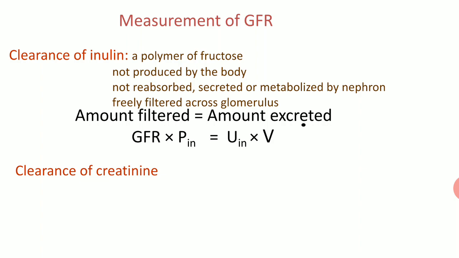Creatinine is normally produced by the muscle proteins, and it is also a waste material for the body, and it is totally cleared by the kidney into the urine. So clearance of creatinine can be an alternative or surrogate marker of the glomerular filtration rate.